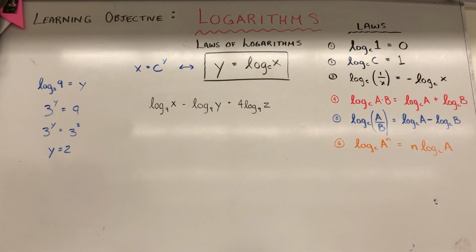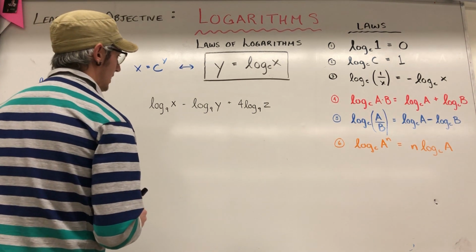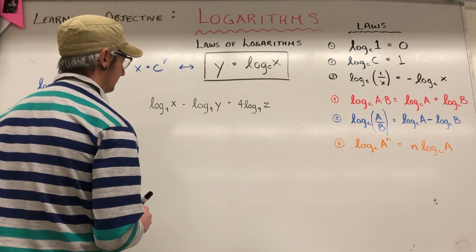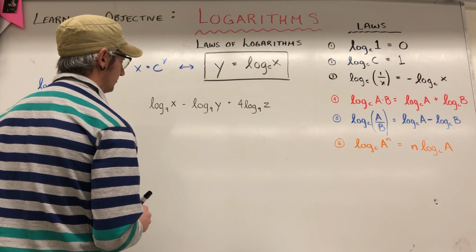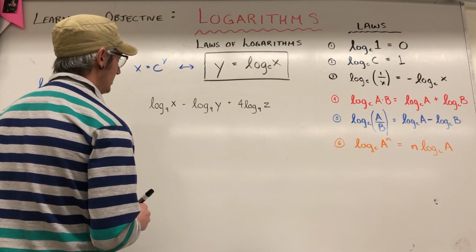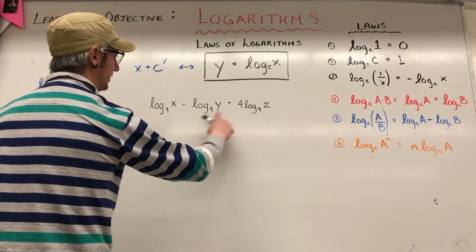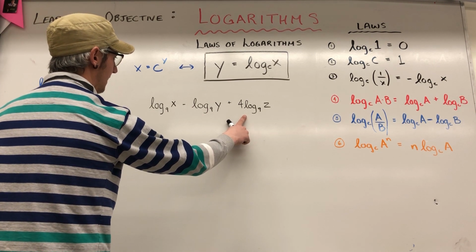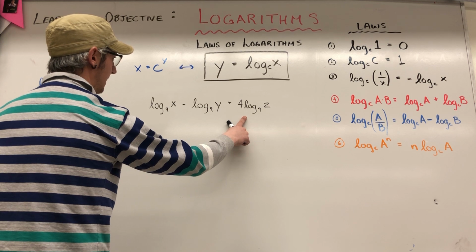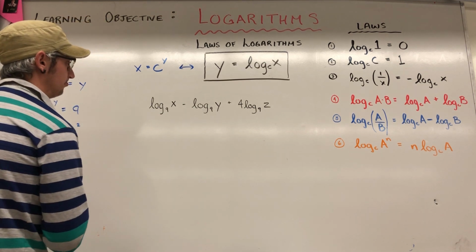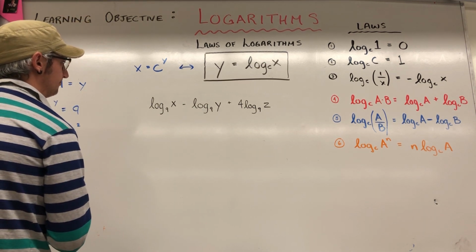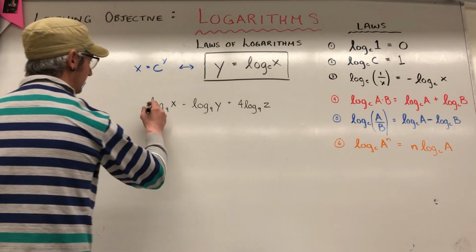So basically I'm just doing the reverse of everything I was doing at the beginning of this video. I've got a division here and I've got a multiplication here. Let's just do it. I'm going to work on this first.